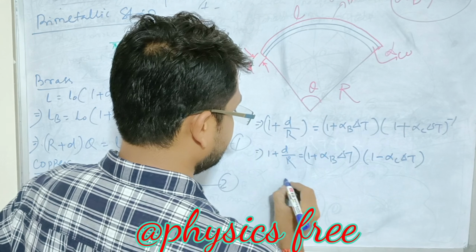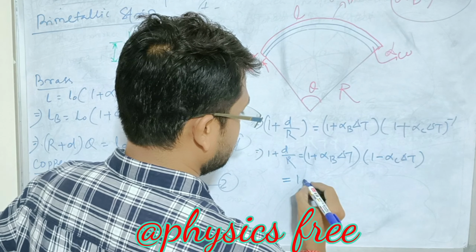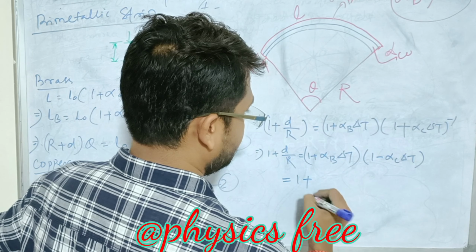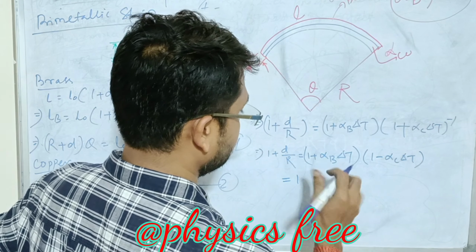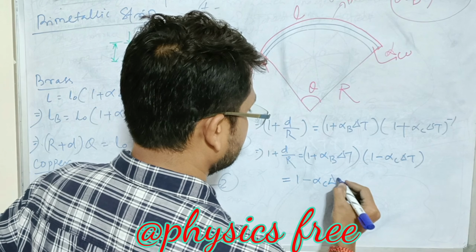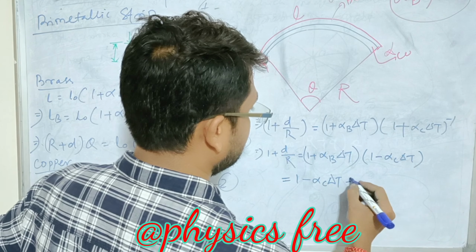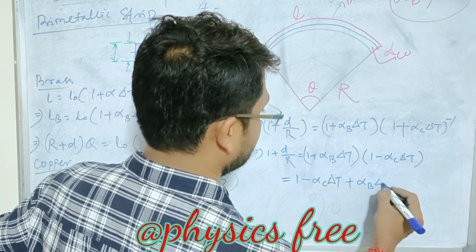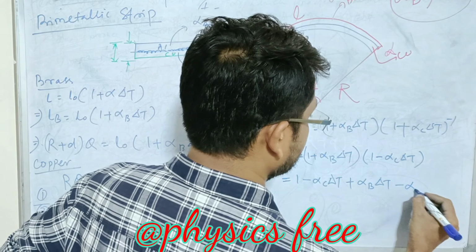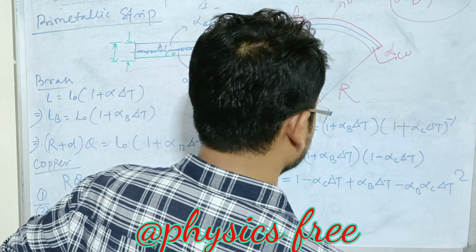So if you expand, 1 minus alpha C into delta T plus alpha B into delta T minus alpha B into alpha C into delta T square.